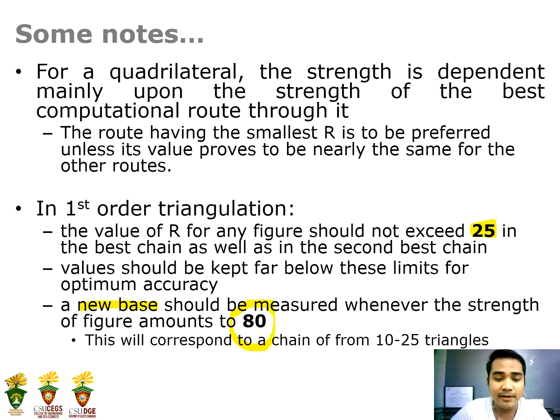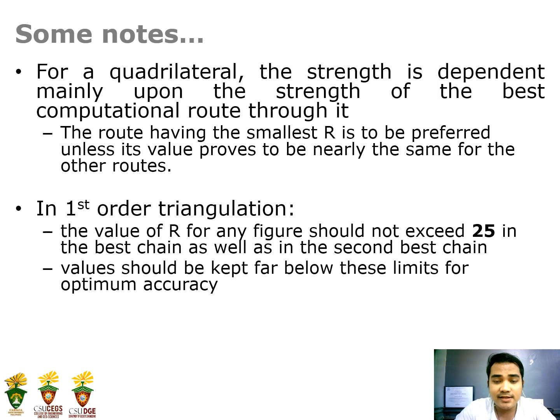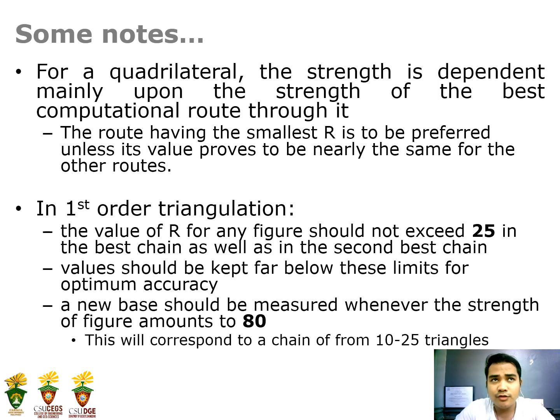And this will correspond to a chain of 10 to 25 triangles for an 80 figure. When it reaches 80 and your chain of triangles is 10 to 25, you need a new base.